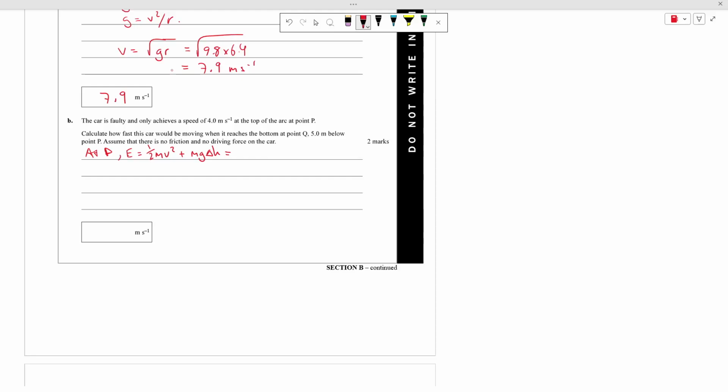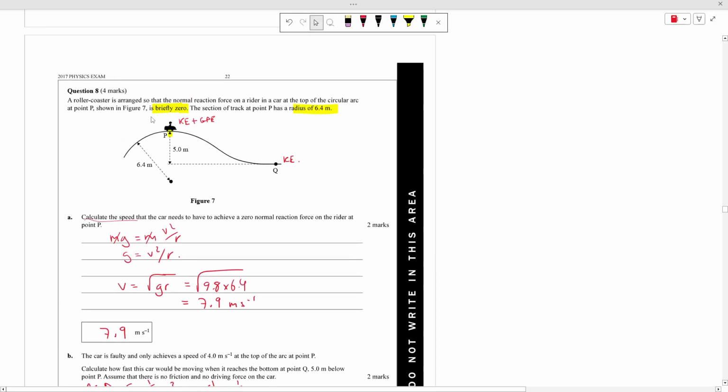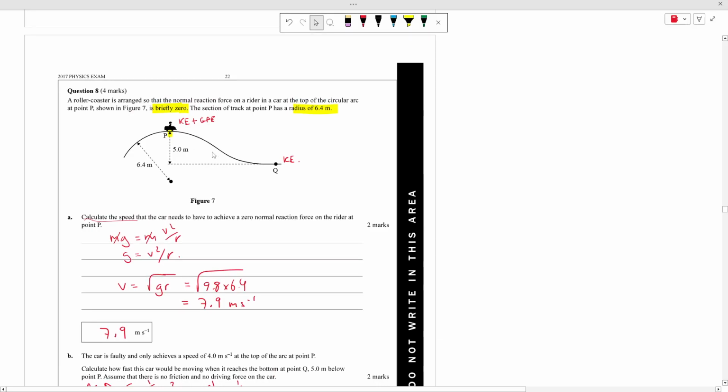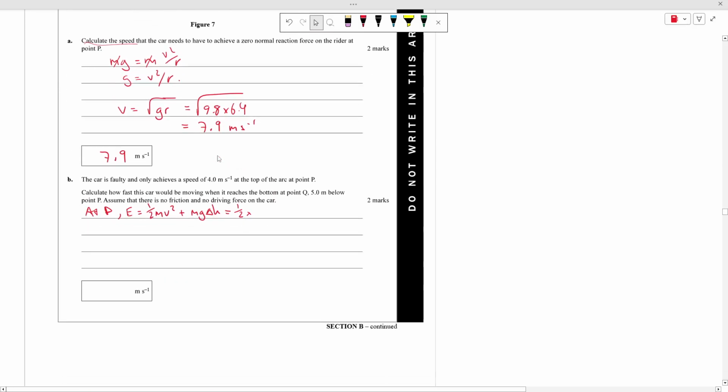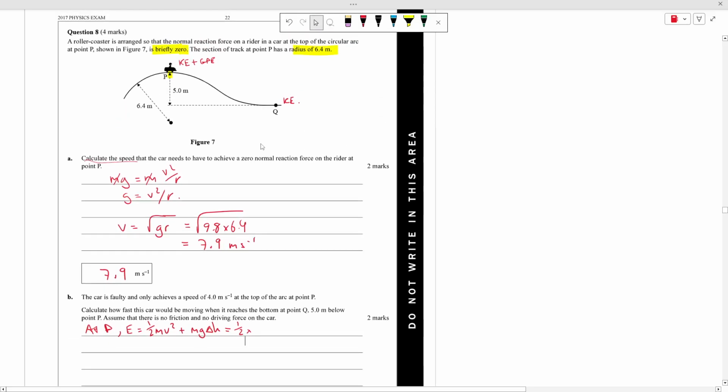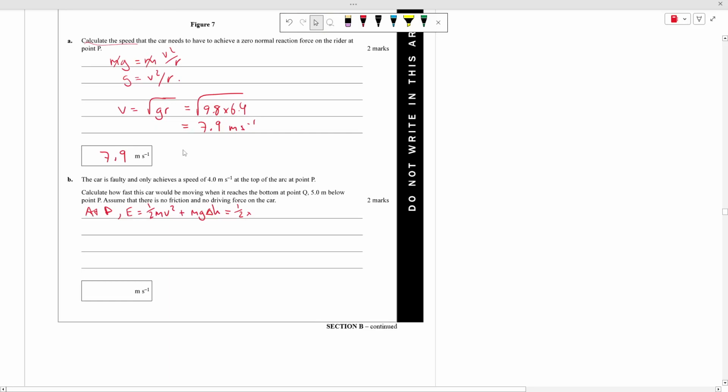So if I sub all my numbers in, I get half times the mass of the car, which is... where's the mass? Maybe I don't have to use the mass. I don't have to use the mass, and I'll show you why.